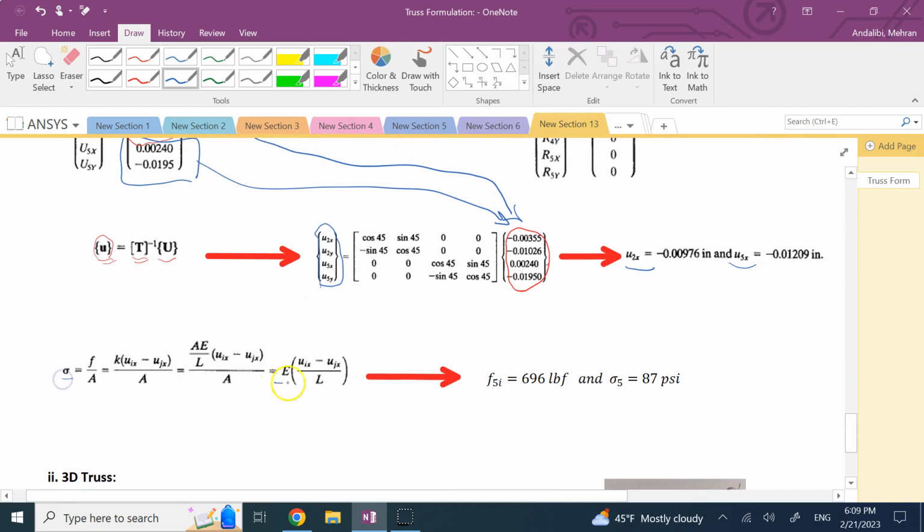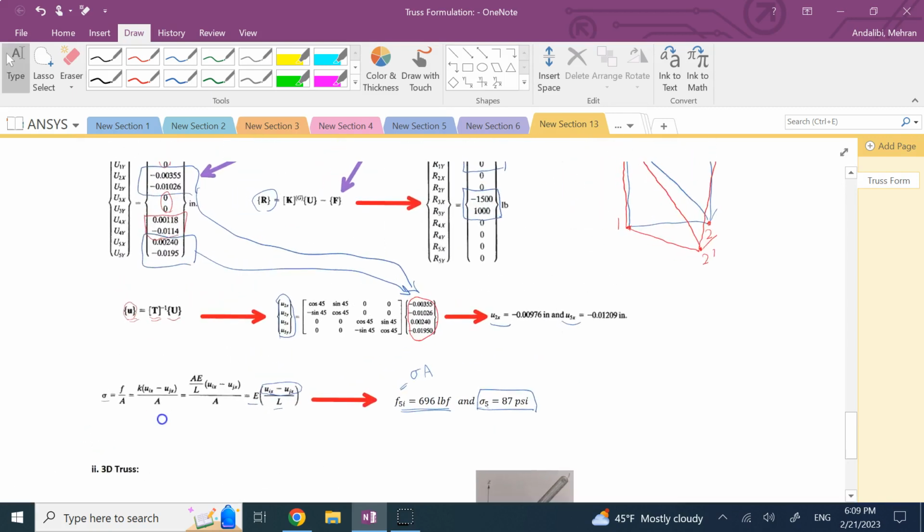So the stress is E times delta local u over L. The stress in this member is 87 Pascal, and F is simply sigma times A. So I multiply that by the cross section and I get 6.9 pound forces. I can do a similar thing for any other member. I just need to plug in the capital U's for them to get the small u's and to get the stress, the strain, and the force in each one of the members.